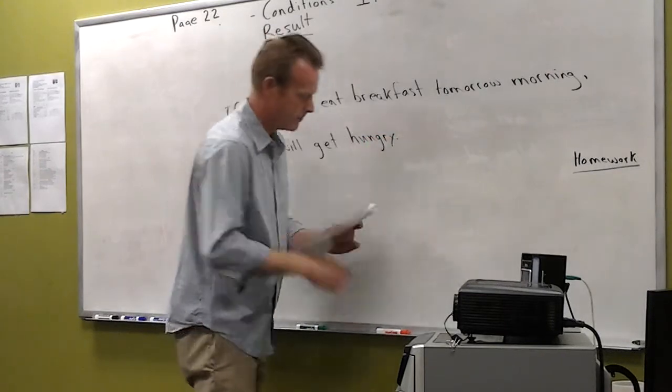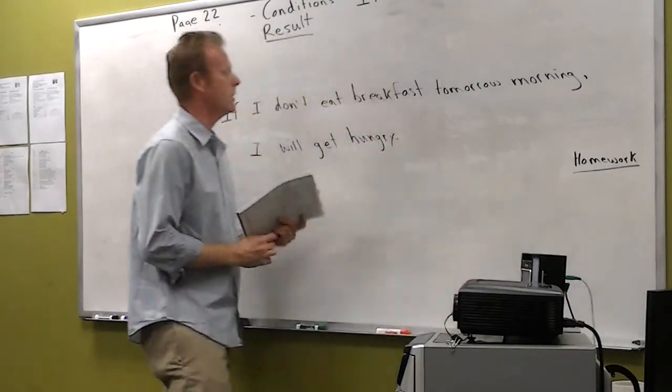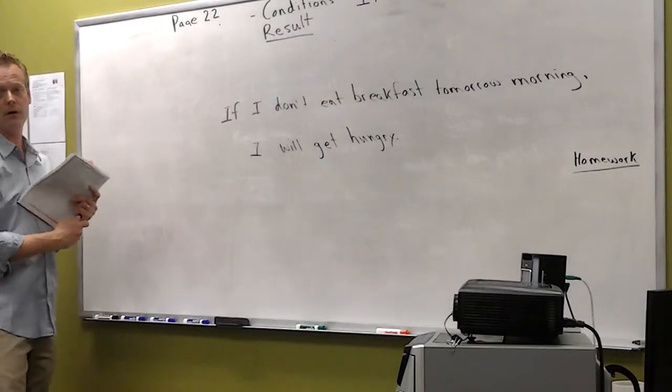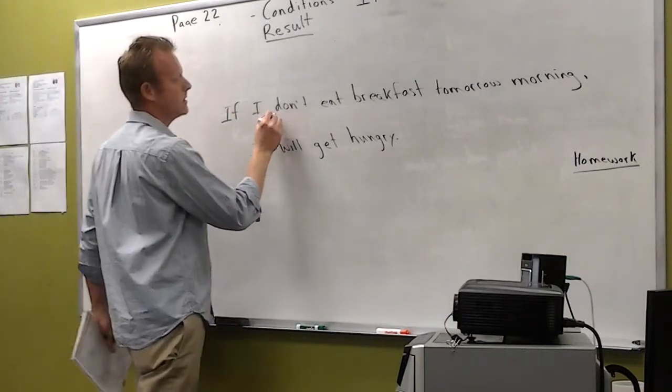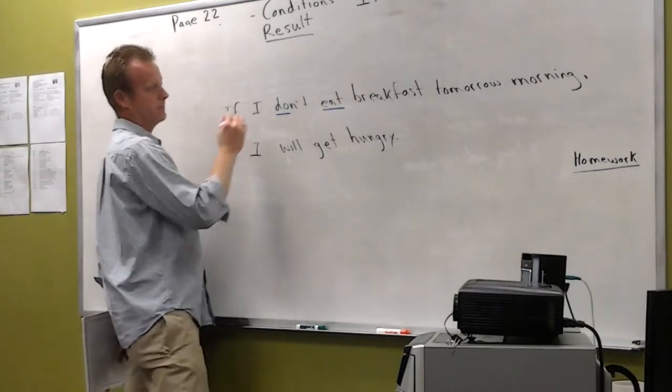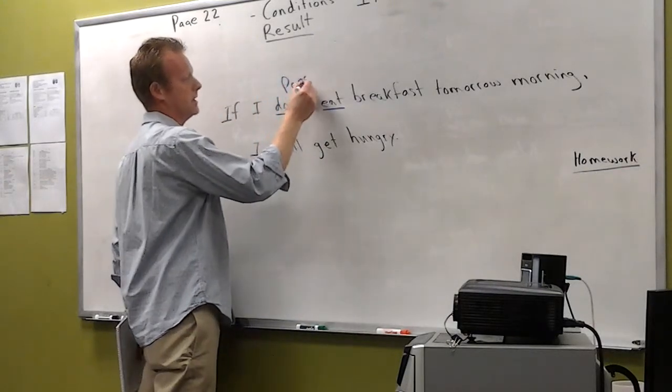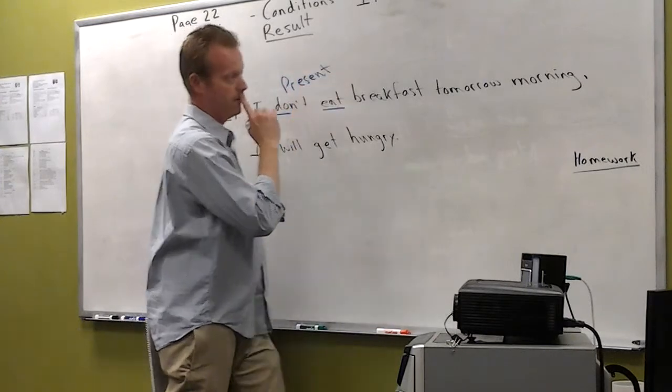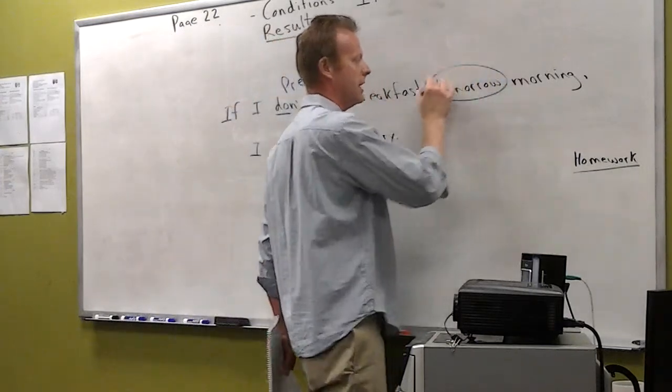Hey, let's talk. So you're probably getting confused. Where's the verb, first of all, in the if clause? Don't eat. Yeah, so we've got this, don't eat. And what tense is that? Present. It's just present, isn't it? Yeah. Now, what's confusing you is this right here, probably.